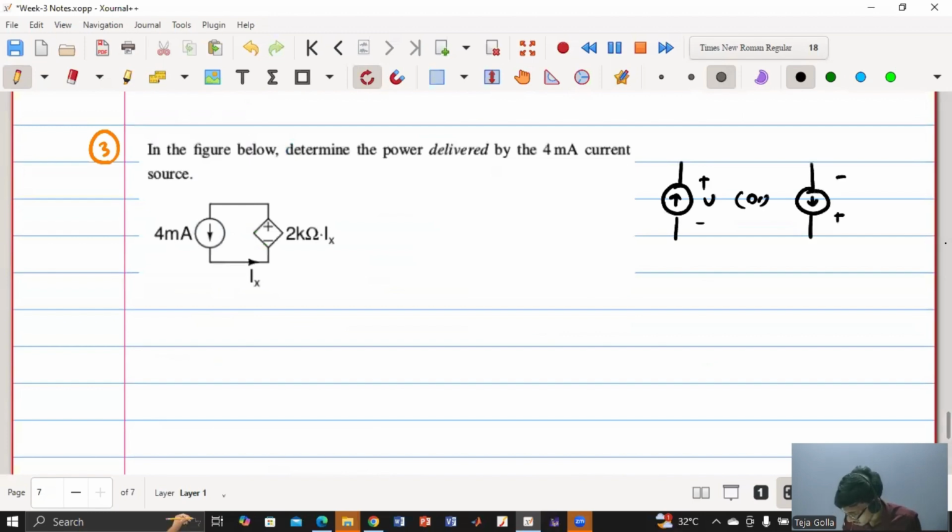The polarity of the voltage should be like this, and I. So power delivered is equal to V into I. This is what we are targeting and what we are supposed to calculate. The voltage we need is this voltage, plus and minus. And how will I get that voltage? Can someone tell what is the value of that voltage?